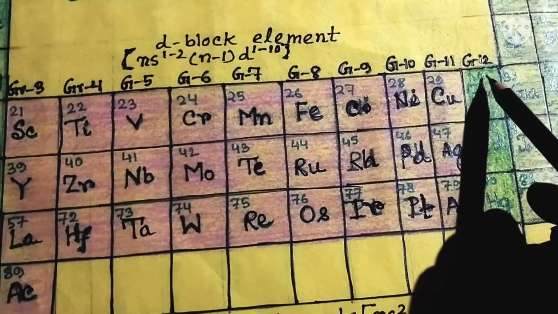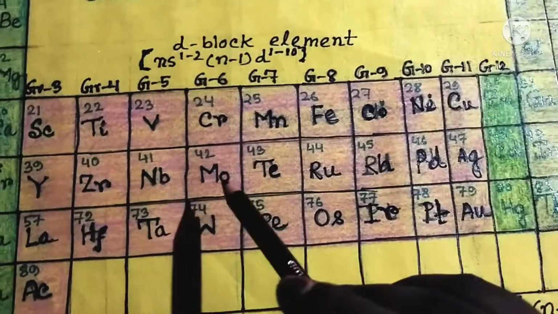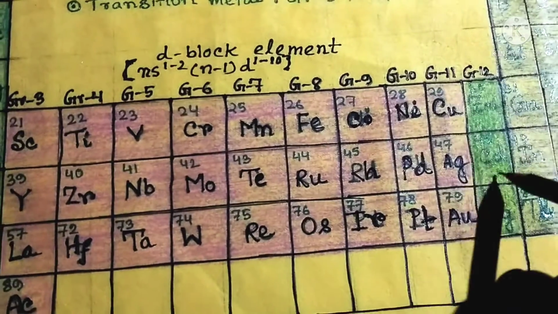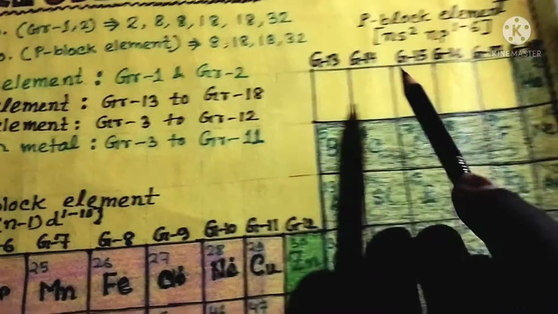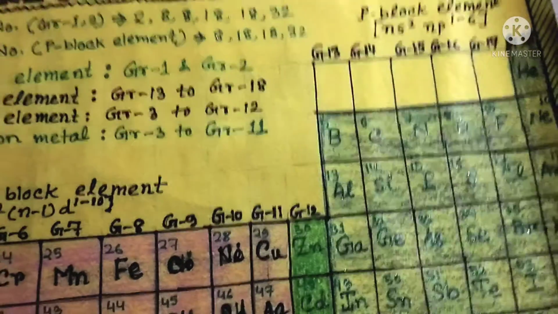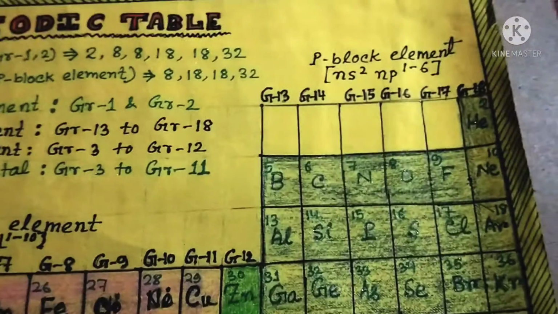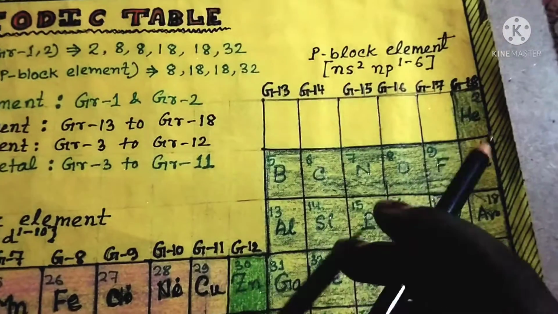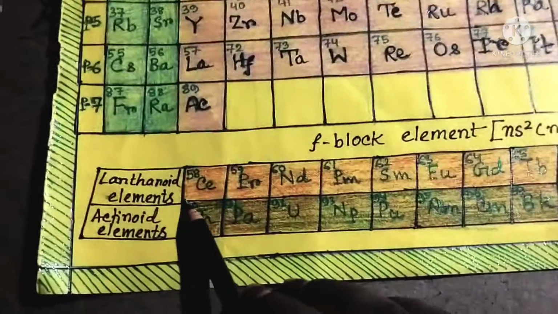Rather than group 12, group 3 to group 11 are transition elements, but group 12 are not transition elements. Group 13 to group 18 are called P block elements, and here the lanthanoid and actinoid elements are F block elements.